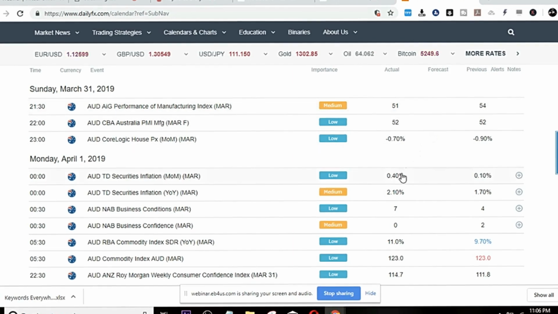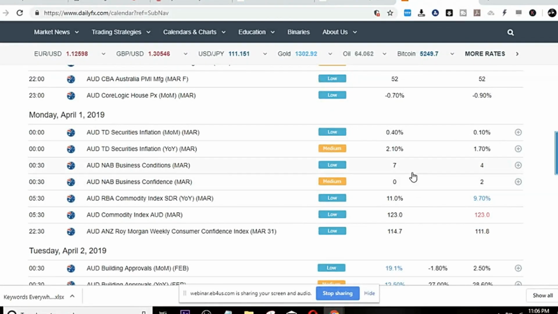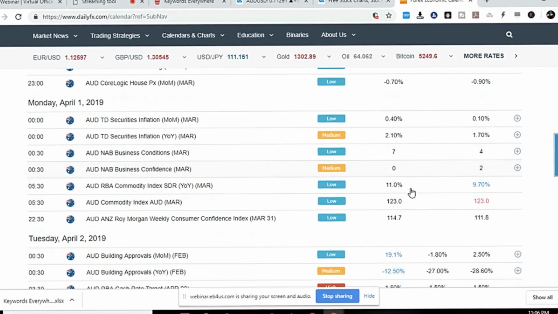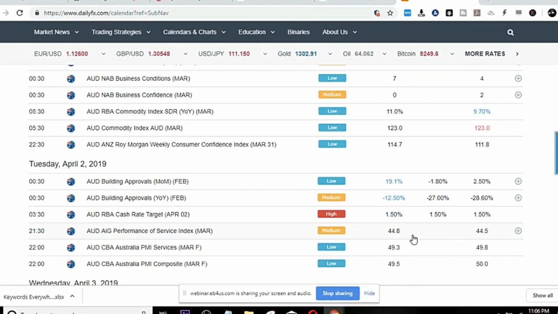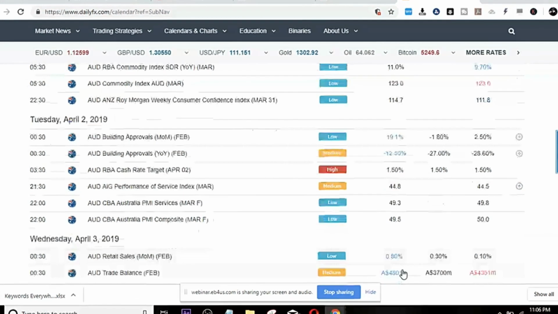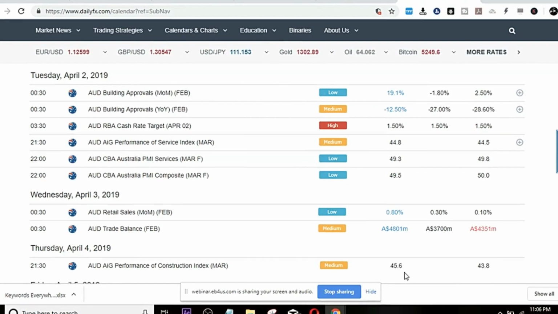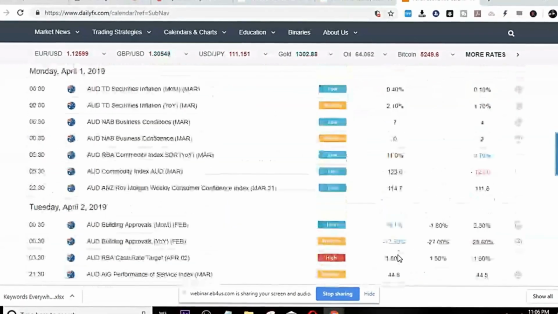Count the negative first, then the positive. So it's -1, 2, 3, and 4. So I got 4 negatives.